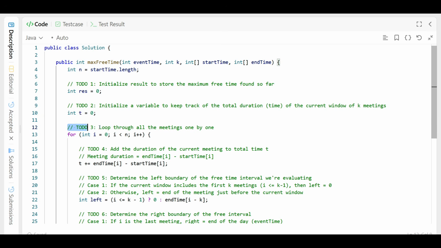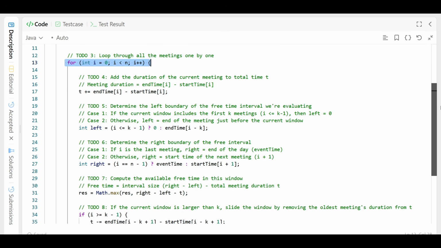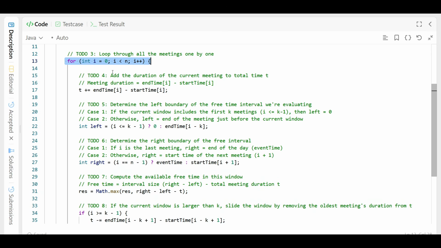Then we'll loop over all the meetings one by one. How? We'll make a for loop, and go for i from 0 to n. So we will track with the help of getting meetings one by one. Let's suppose we add the duration of the current meeting to total time t, so we'll call meeting duration equal to end time minus start time, and you will get the t.